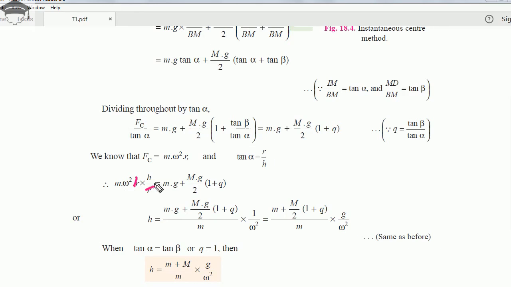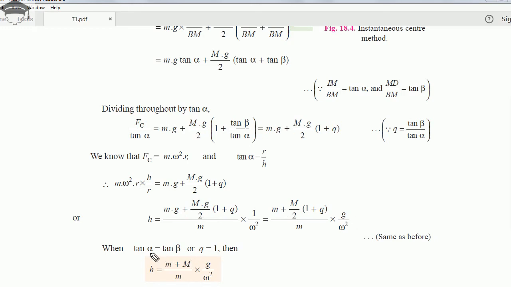So value of h will be equal to mg plus capital Mg by 2 into 1 plus q, whole upon m omega square. We can take g common because it is in both the numerator terms. h will be equal to m plus capital M by 2 into 1 plus q, whole upon m, into g by omega square.